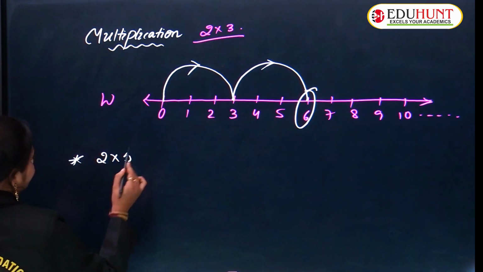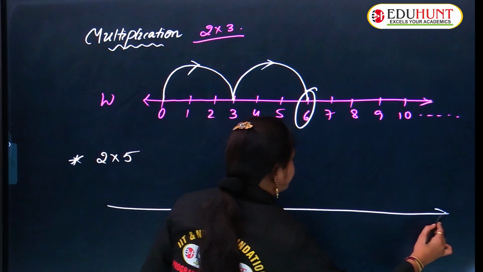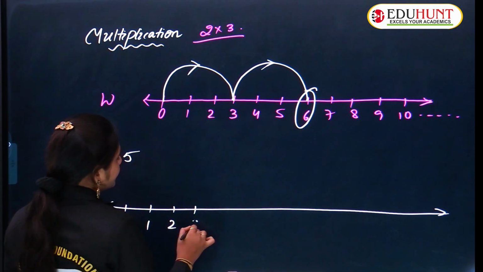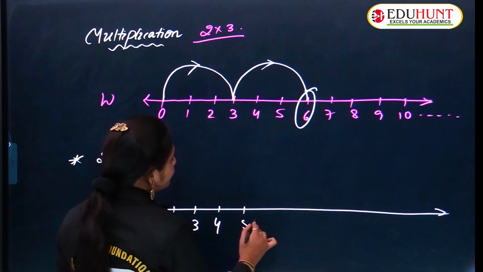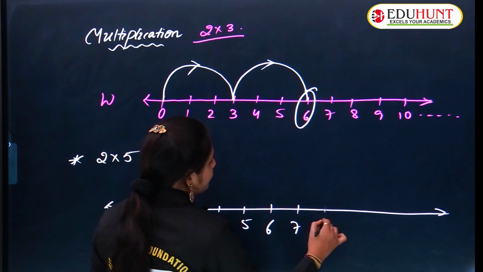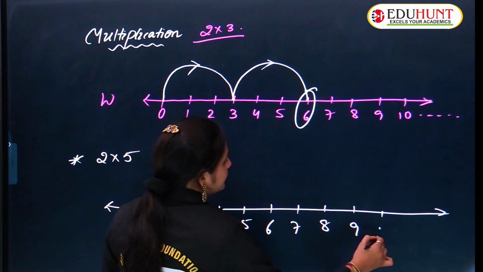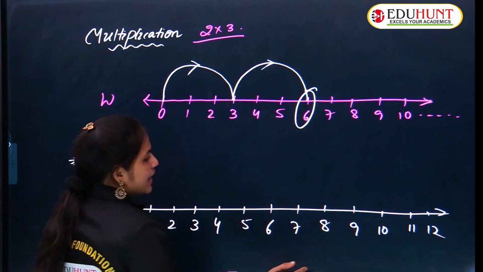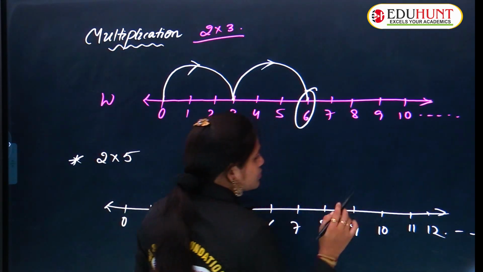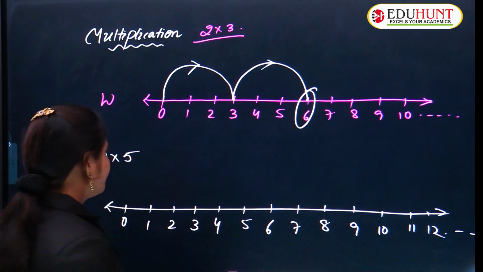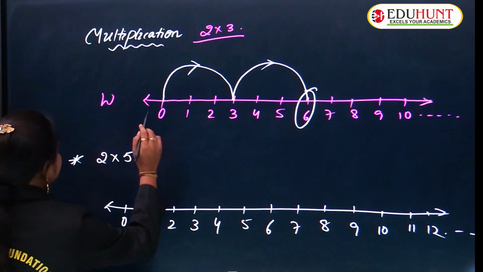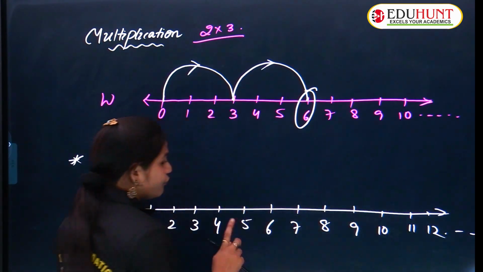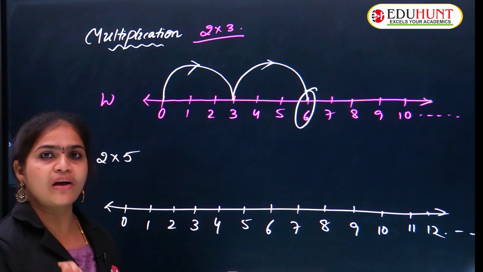2 into 5. 0, 1, 2, 3, 4, 5, 6, 7, 8, 9, 10, 11, 12 and so on. Why and so on? Because there are arrow marks, no? Now see, 2 into 5 means 2 fives, 2 times of 5.